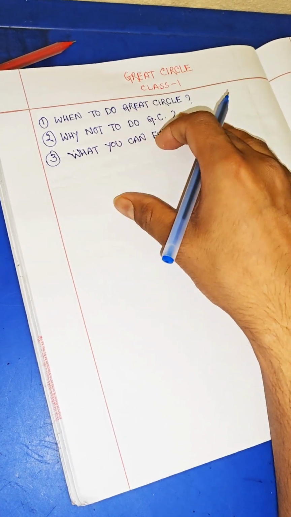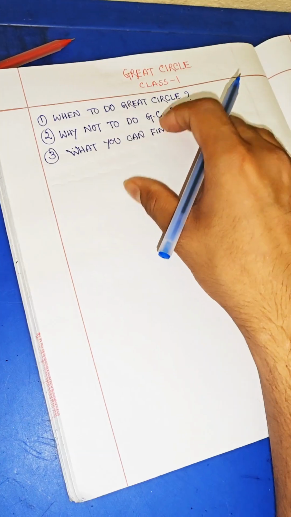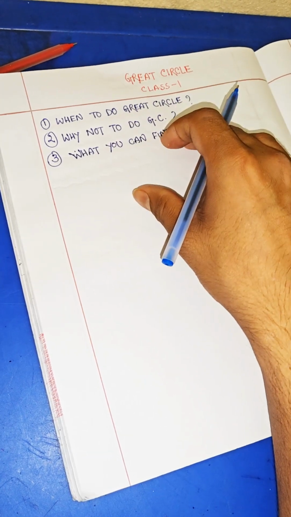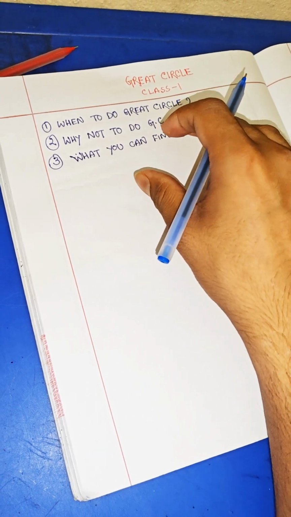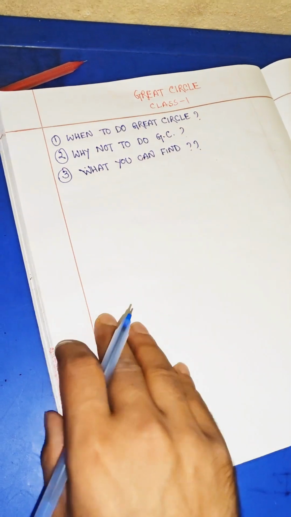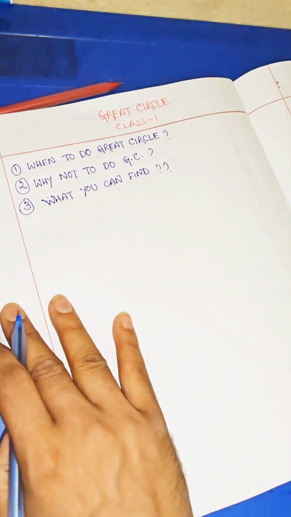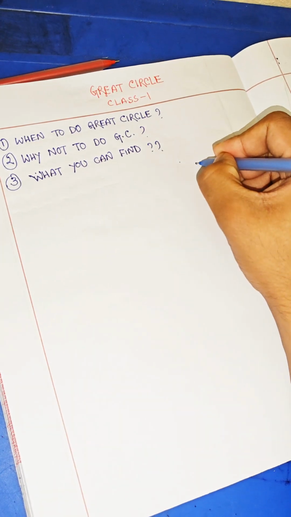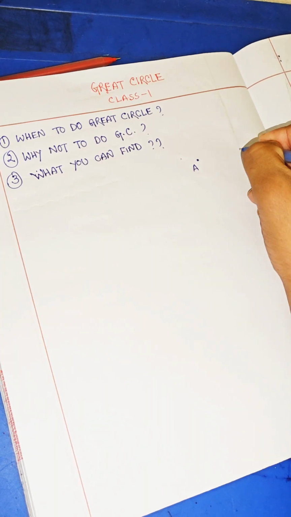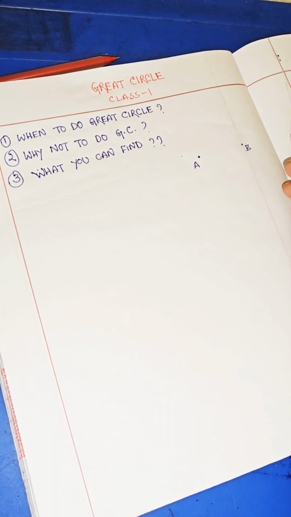And also from the great circle you can find out the distance, initial course, final course, position of vertex, also the intermediate position. So for example, you are going from this A point to B point for the great circle.